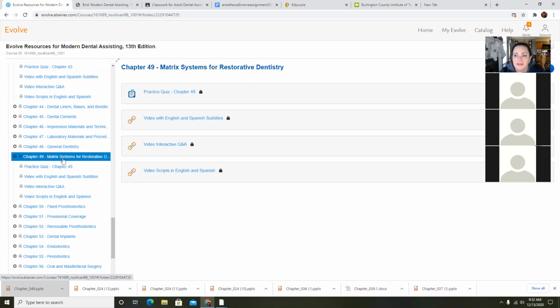The setup for the lower left is the same as the setup for the upper right. And upper left is the same as the setup for the lower right. So matrix follows the same principles as the paralleling technique in x-rays. If you make a setup for the lower left, it's the same as the setup for the upper right. Setup for the lower right is the same as the setup for the upper left. Any questions about that?